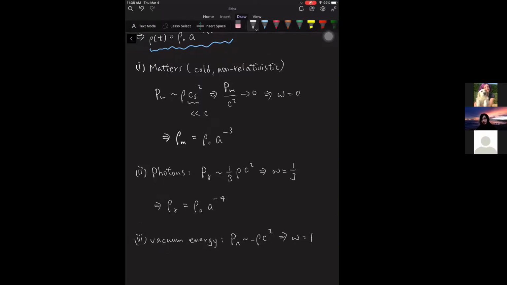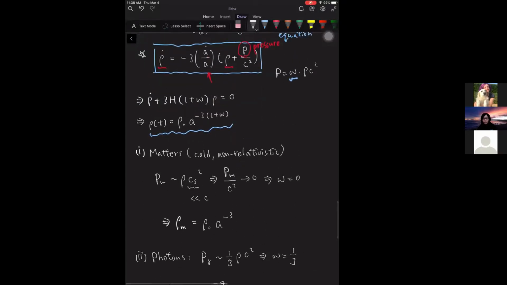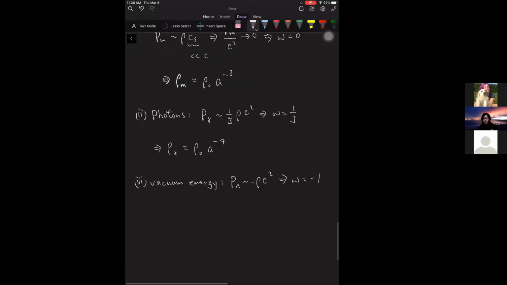So the dark energy, the pressure that accelerates the universe, will always have a negative term. So in this case, omega is -1. And if we plug -1 into that density equation, the exponent will cancel out. So we have that the density of vacuum energy is just a constant, right?